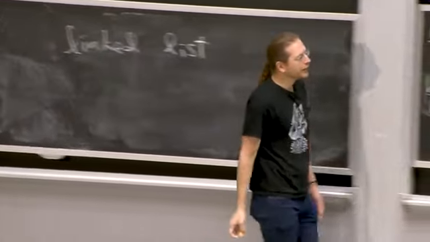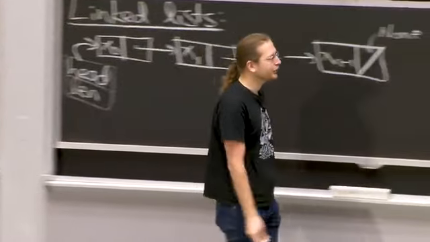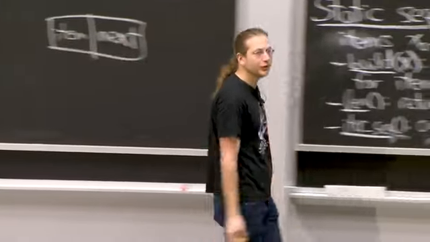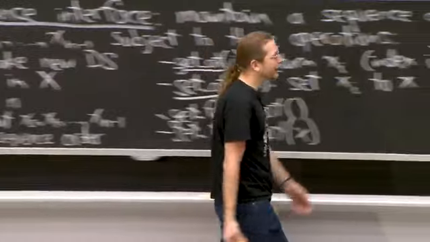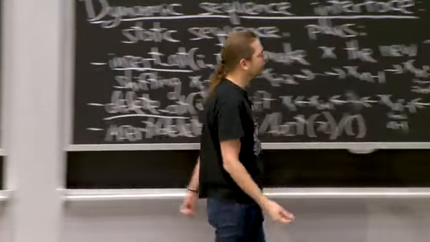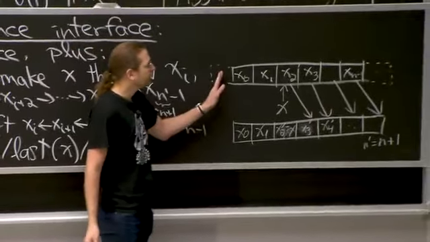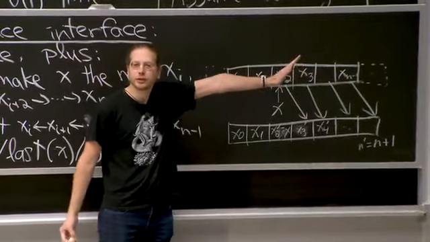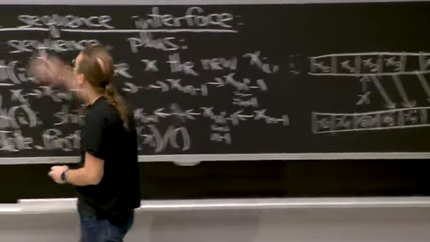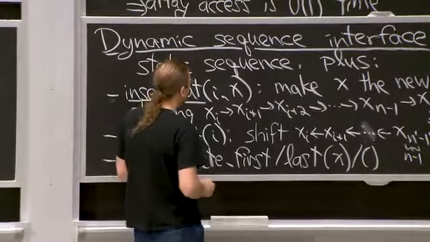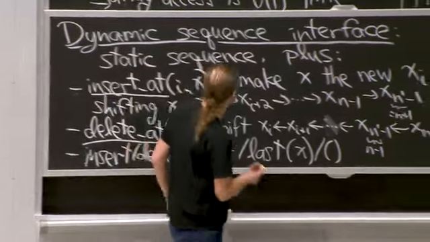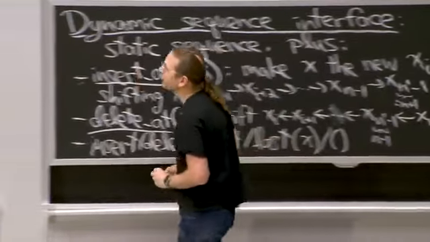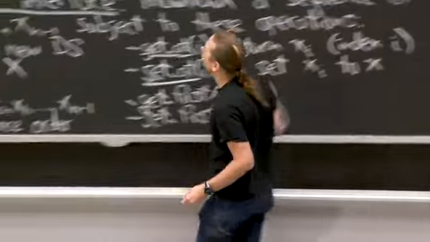So on a static array, I think you all see, if I try to insert at the beginning of a static array, that's kind of the worst case. If I insert first, then everybody has to shift over.